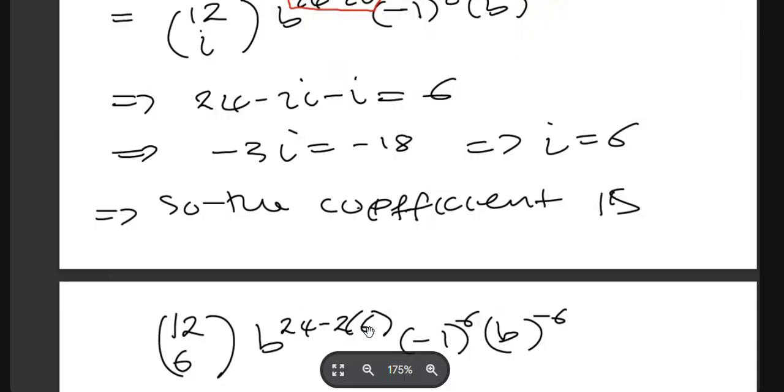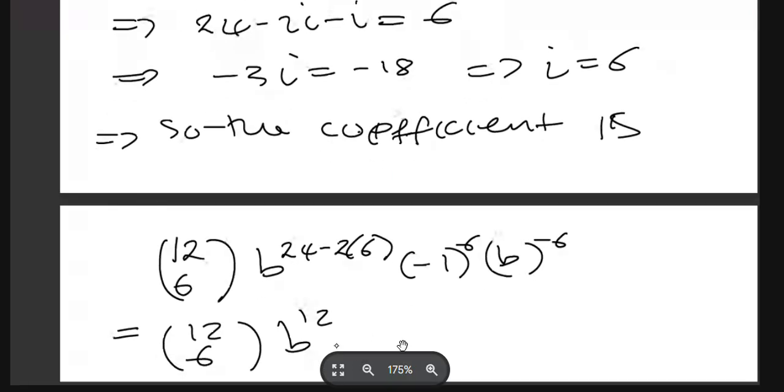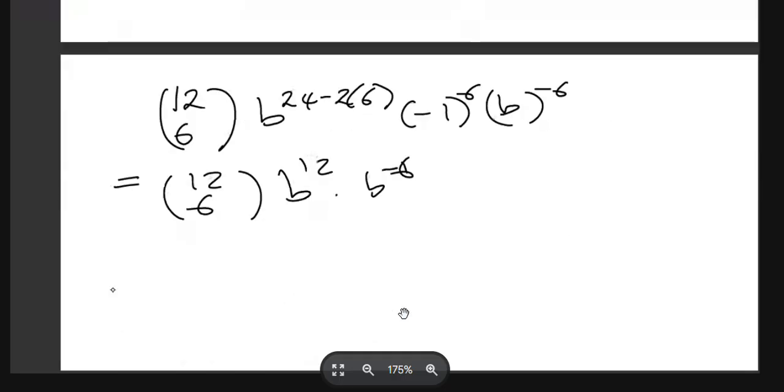Obviously we know that b will be raised to the power 6, so it is 12 choose 6. Then b to the power 24 minus 12, that's 12. Then negative 1 to the power 6, that's positive 1. Then multiply by b to the power negative 6. So this will be 12 choose 6, then b to the power 6.